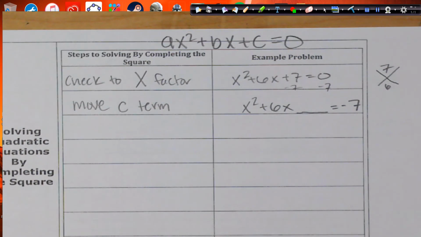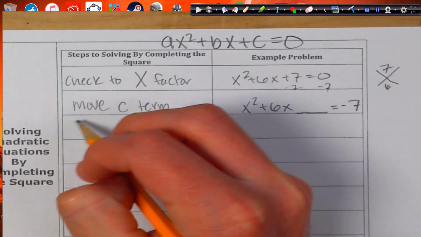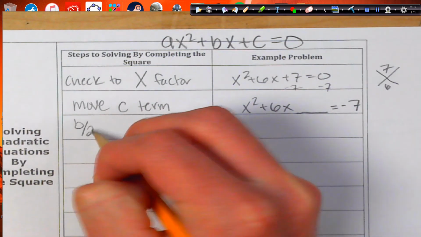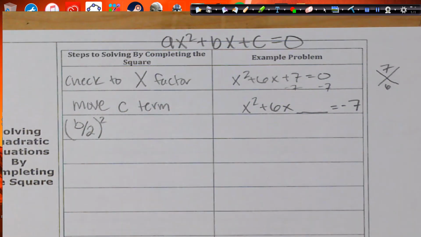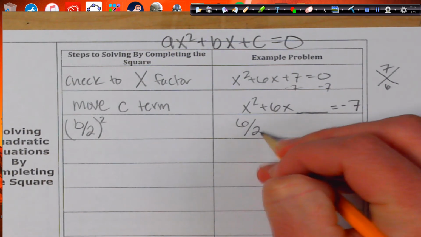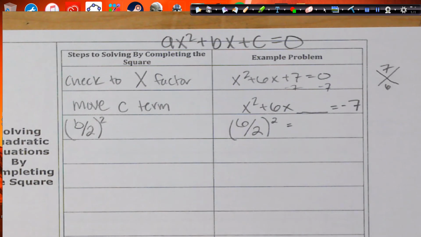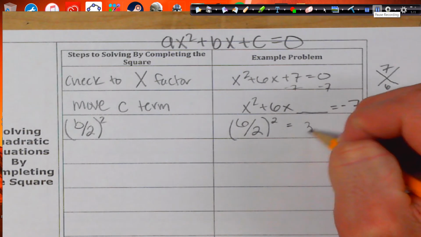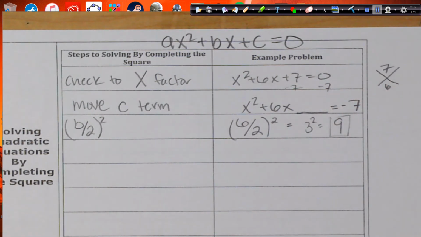So what we're going to do now is take b divided by 2 and square it and find that term. So b, which is 6, divided by 2 is 3, squared is going to be 9. So this is the term that I'm going to add to both sides.